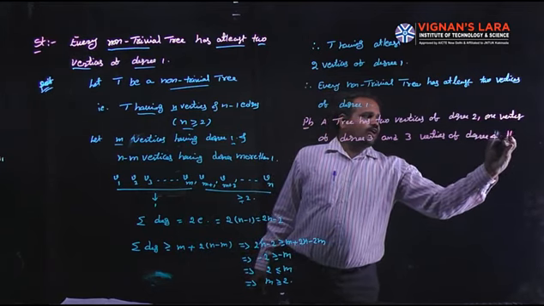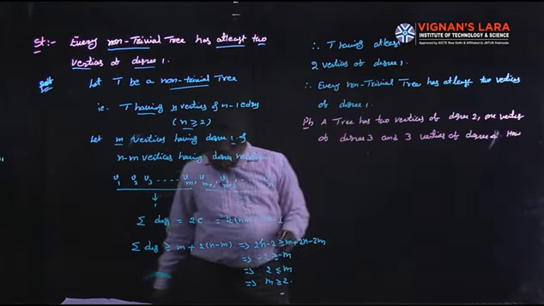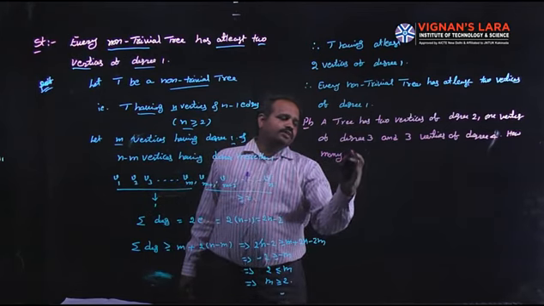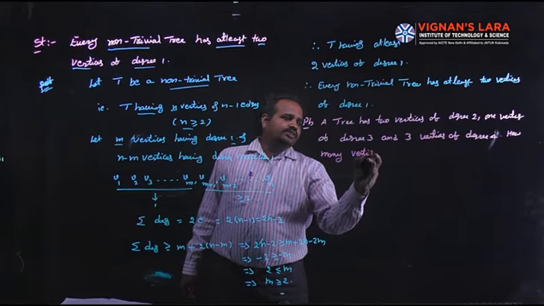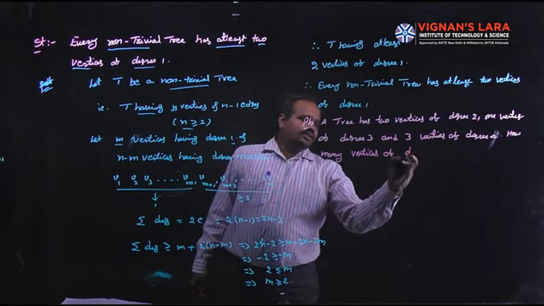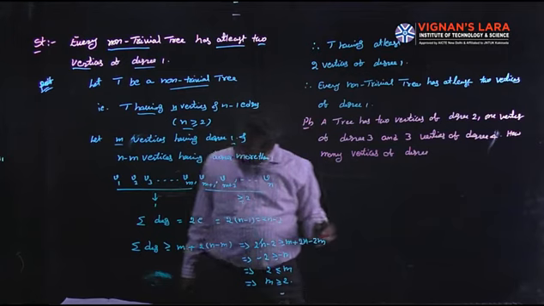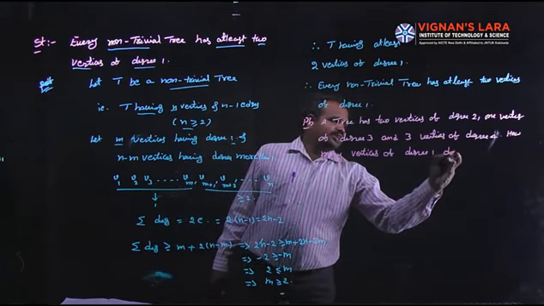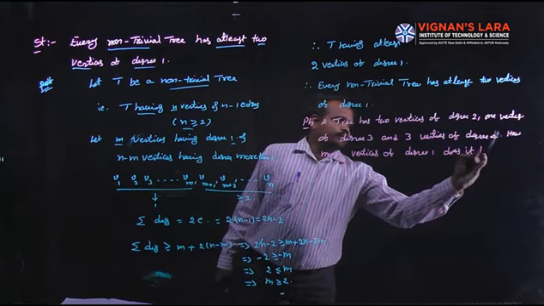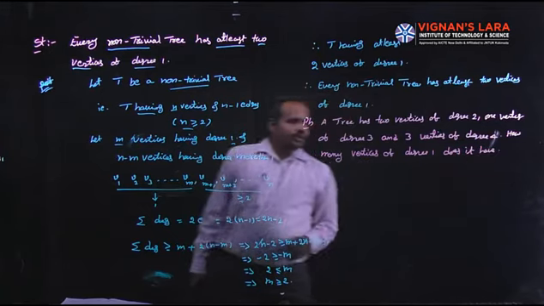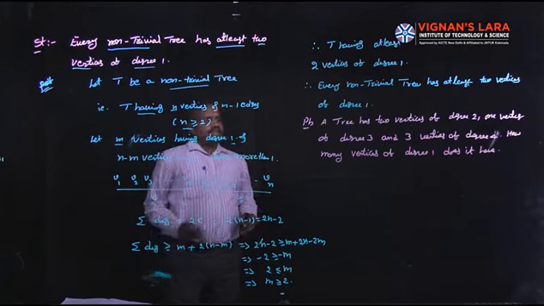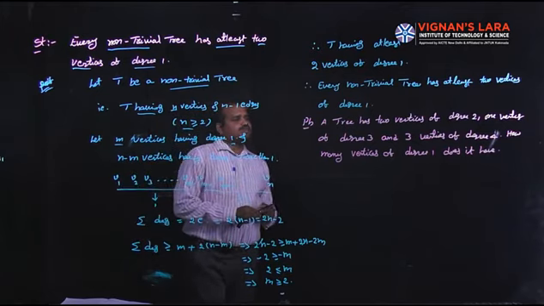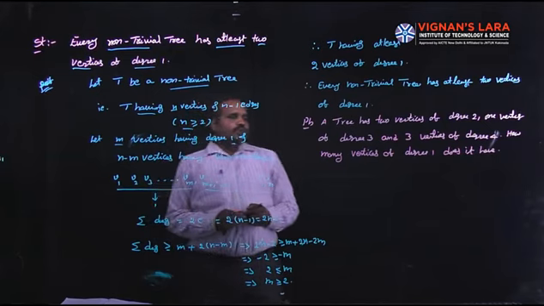Then find how many vertices of degree 1 does it have? So here we have to calculate this. First of all, how many vertices does this one have? Check it.